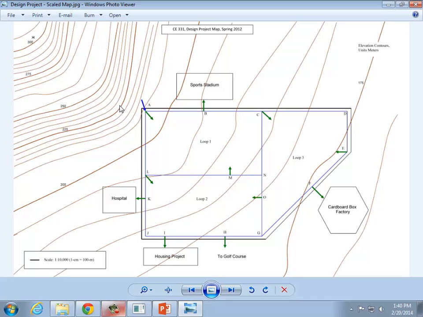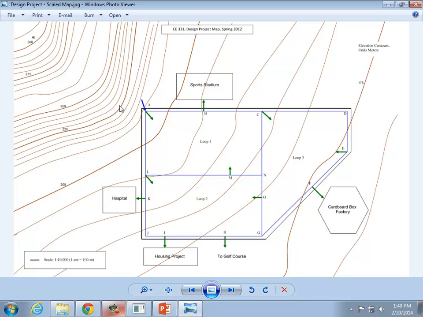And in loop 2, there's both residential and, let's see, I guess there's just commercial stuff in loop 2. Residential, yep. Commercial. Loop 2 just has commercial and fire flows.